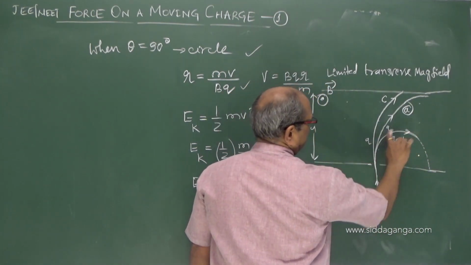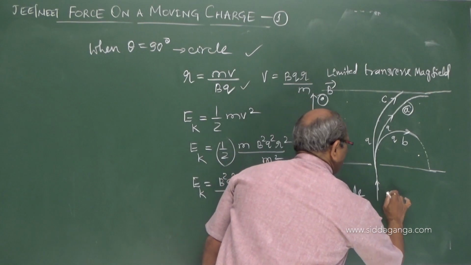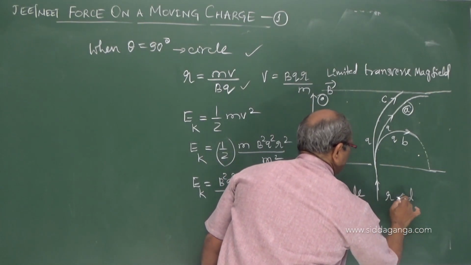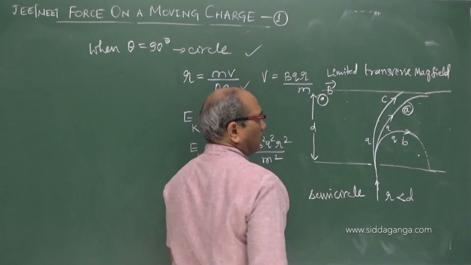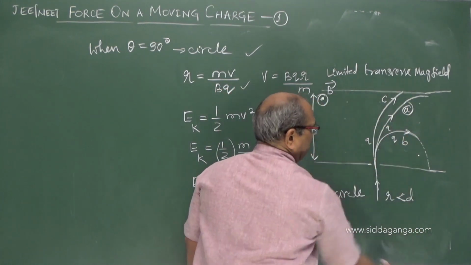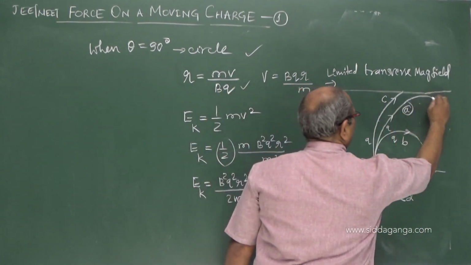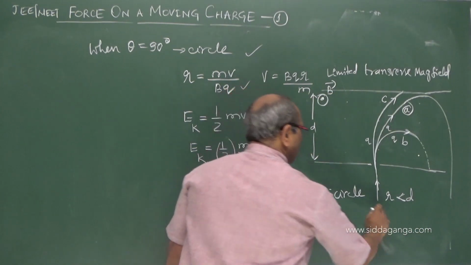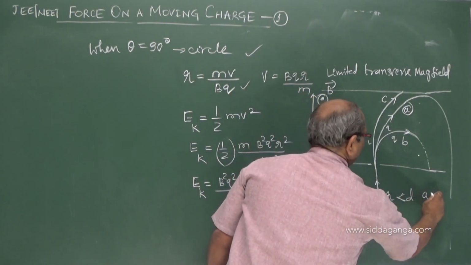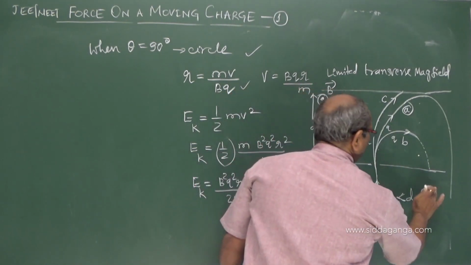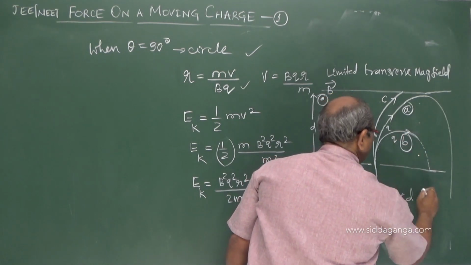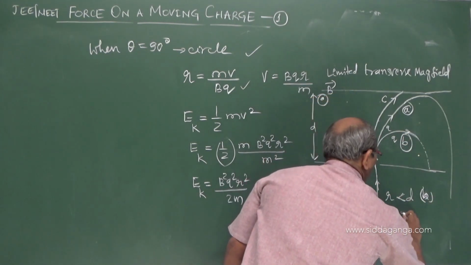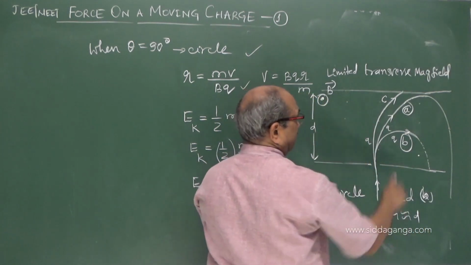The reason is the radius R is less than d, sufficiently less than d. It escapes out of this field and can come back. Here it can also describe the circle. So in the second case, A, now we discussed B: R is almost equal to d but less than d.